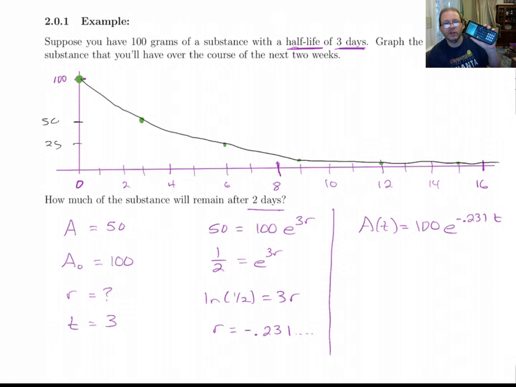I'm going to use all the decimals of precision on the calculator to calculate this. What we want to know here is A of 2. So that's going to be 100 times e to the answer times 2.